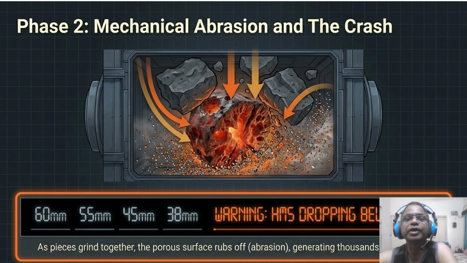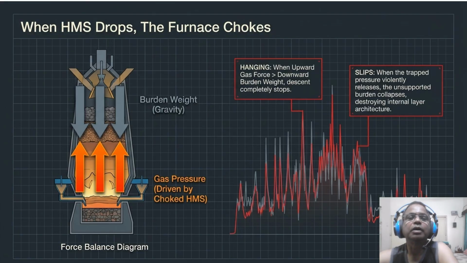If we fail to prevent this crash, the furnace responds with two of the most dangerous conditions in ironmaking. When HMS drops, the furnace chokes. Look at the force balance diagram on the left. When the burden is choked, gas pressure spikes violently, shown by the blue arrow pushing up.